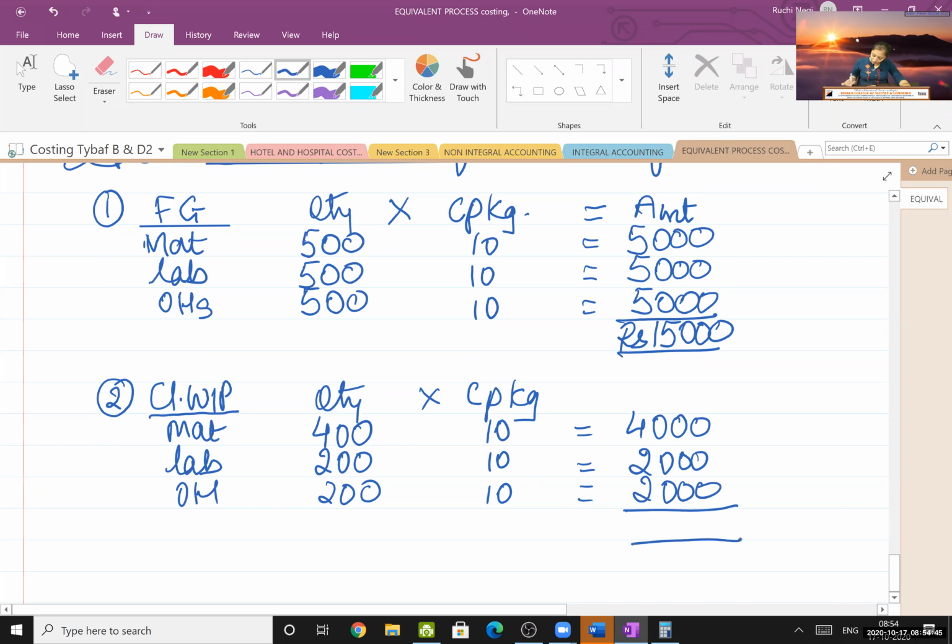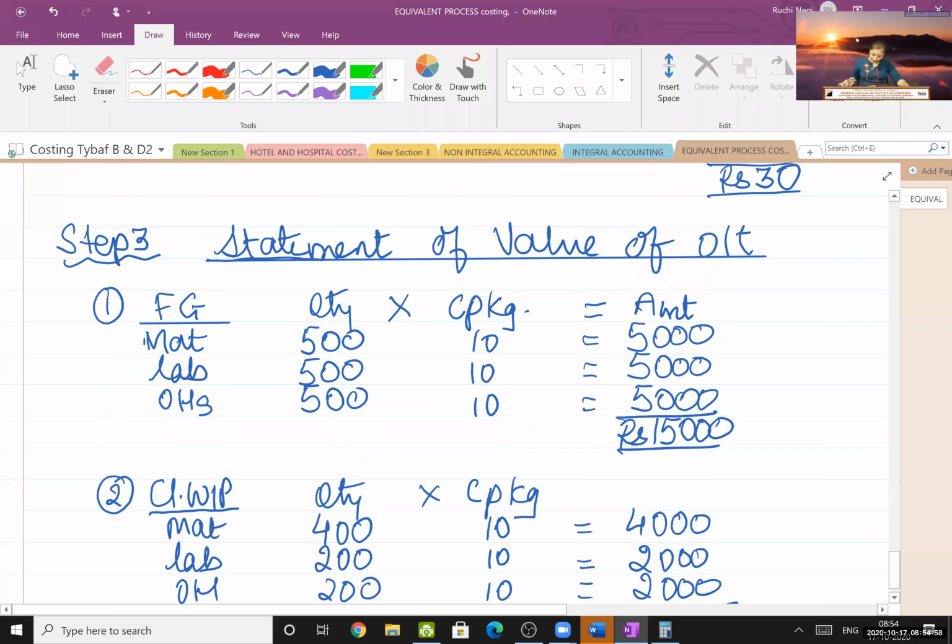Total how much? 4 plus 2 plus 2, 8,000. Okay, clear?